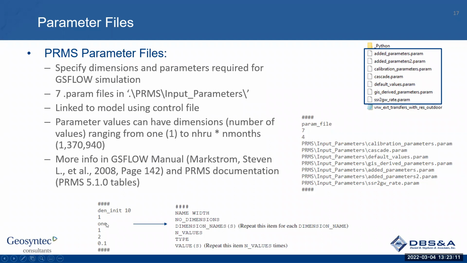Again, these both are the same, one number, and then one value. Type is 2, which means it's a real or floating point number. And just because it's a single number, I have a single number here, 0.1. So this is an example. If you had NHRU, you would have 114,000 or so of these values, and these will change appropriately.